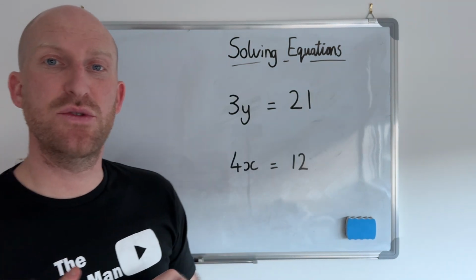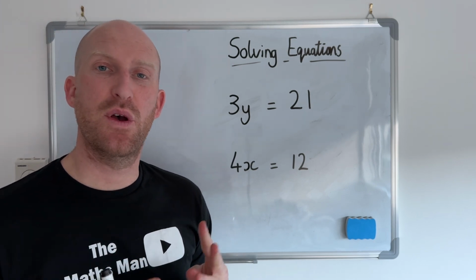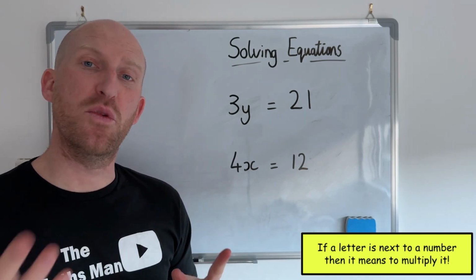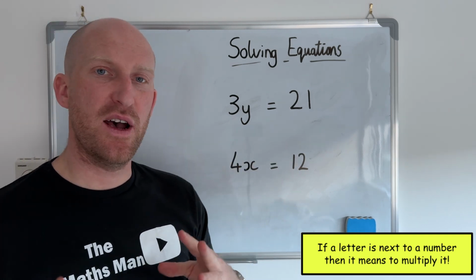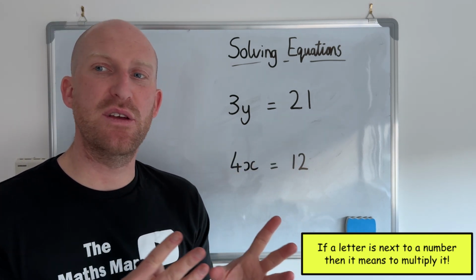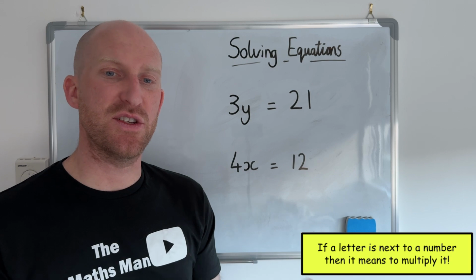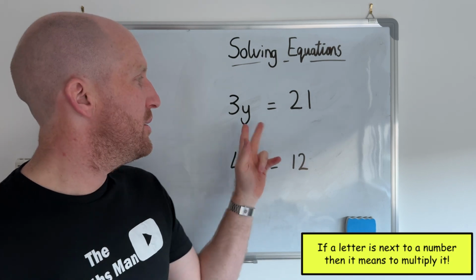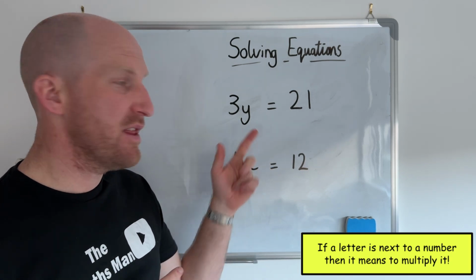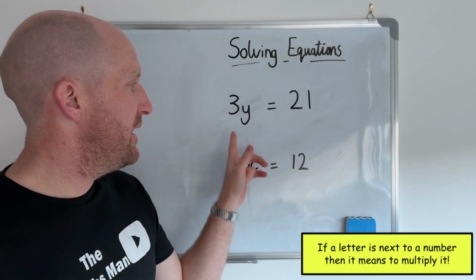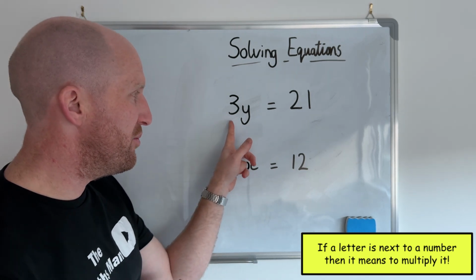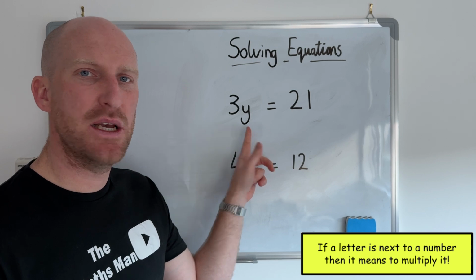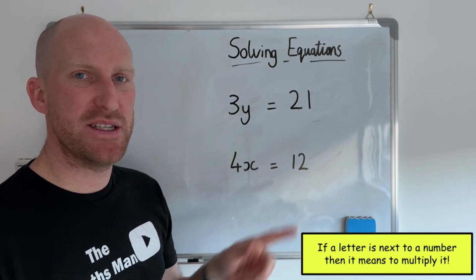So these are the last two examples of one-step equations that we're going to do before moving on to two-step equations. So far in the first two examples, we've just looked at when equations add and subtract. But in algebra, they can also multiply. Now, the one rule that we have in algebra is if you see a number next to a letter, then it means that they are multiplied together.